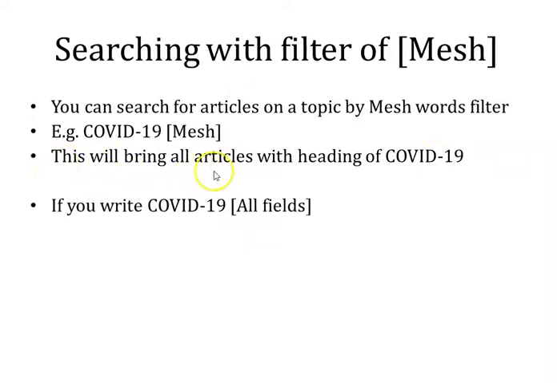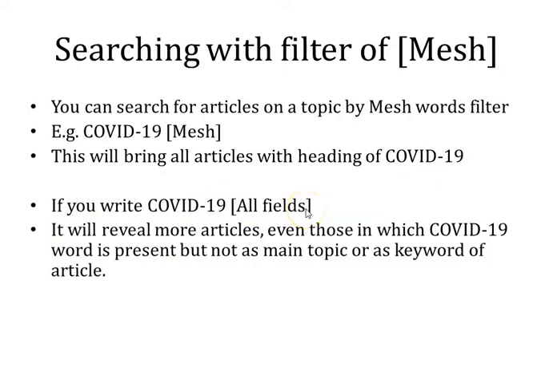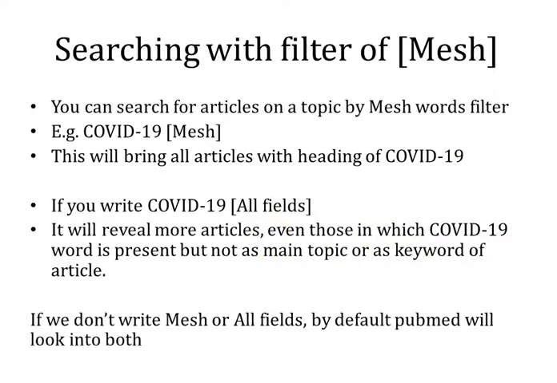It will bring all the articles with the heading of COVID-19. If you write COVID-19 all fields, it will bring all articles with either the heading of COVID-19 or having the word COVID-19 as text. And if we don't write MeSH or all fields, by default PubMed will look into both.